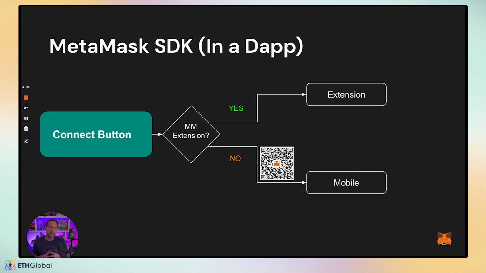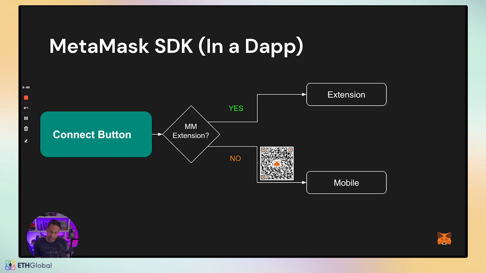So in our dApp, when we're using the SDK, we're probably going to have some type of a connect button. And as long as the SDK is instantiated, in our case in a React application, it's going to be determining whether the MetaMask extension is installed. If it is, it's going to connect you to the extension, and you'll have a connection to that MetaMask browser extension in your browser.